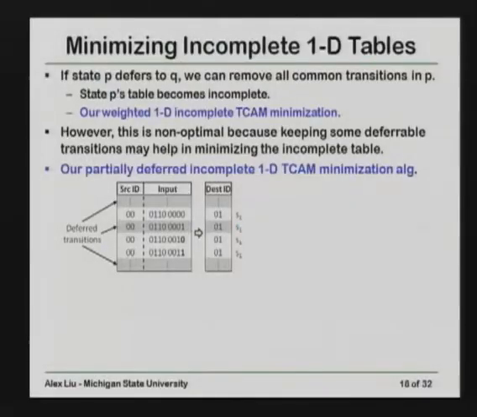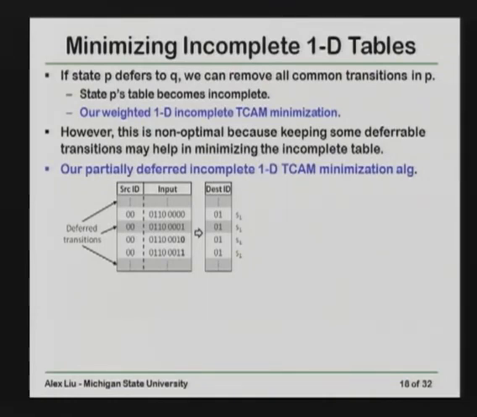One algorithm that we proposed is the weighted 1D incomplete table minimization. The basic idea is that we add one rule at the bottom that matches everything for this table, and we assign an extremely high weight. Then we do the 1D optimization because it becomes a complete table, and that optimization algorithm will guarantee that the last rule stays last.